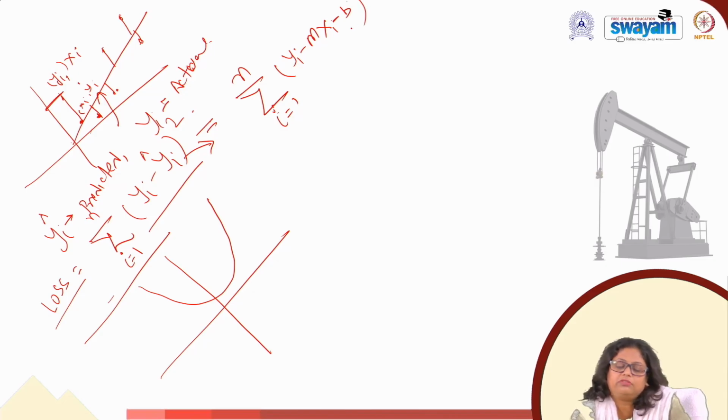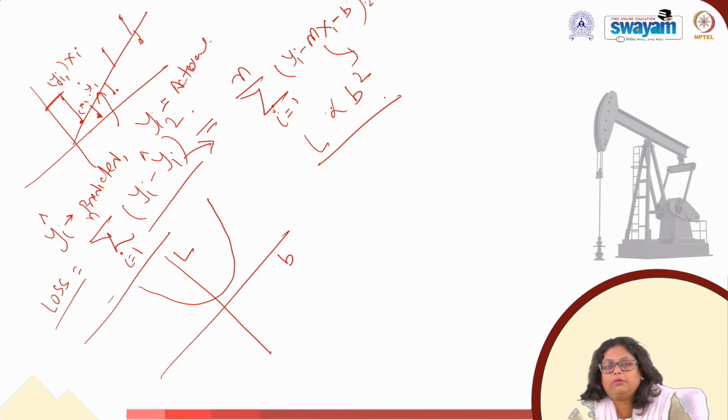Here, for constant m, this is my loss. This loss is proportional to b squared. So when we draw a line between loss and b, b is nothing but the intercept, which can also be represented as c, so it's a parameter.